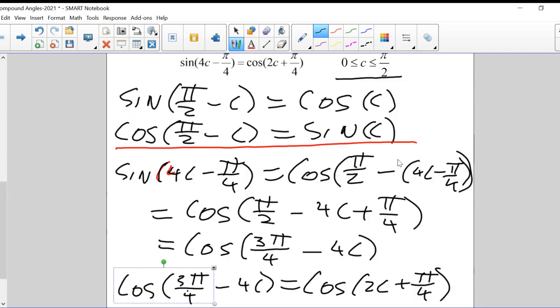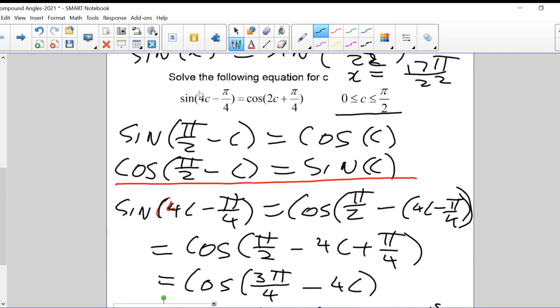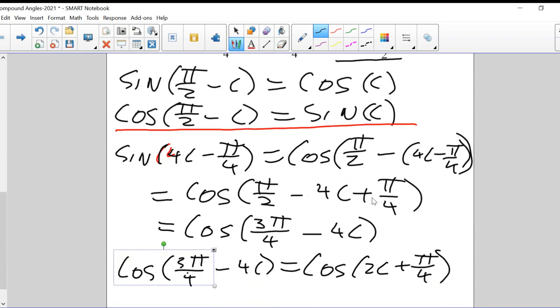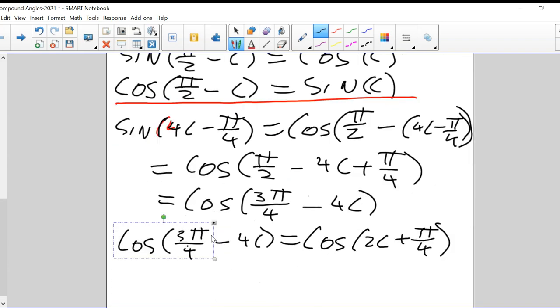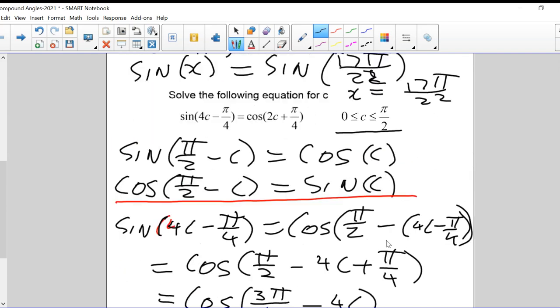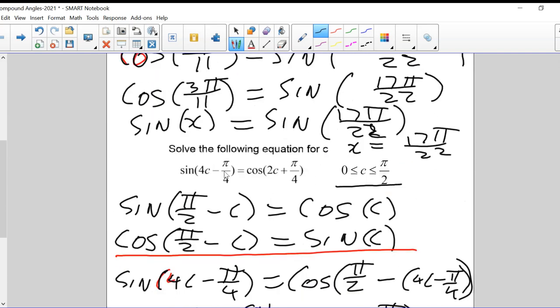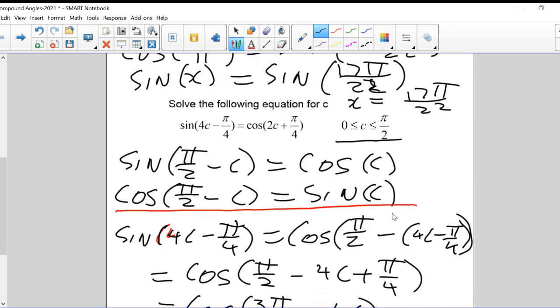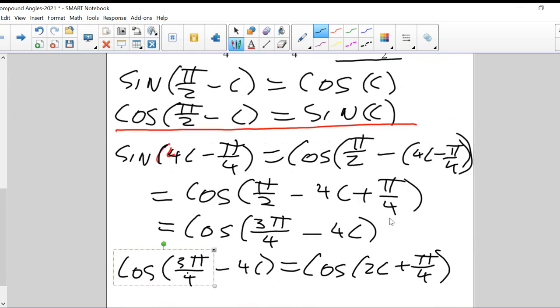And the sine of this thing, which I'm calling my c, was equal to the cosine of 2c plus pi over 4. So I'm setting what we just got equal to the cosine of 2c plus pi over 4. That's what this said: that all of this that we rewrote as a cosine is now equal to this other cosine on the other side. Does that help out a bit?